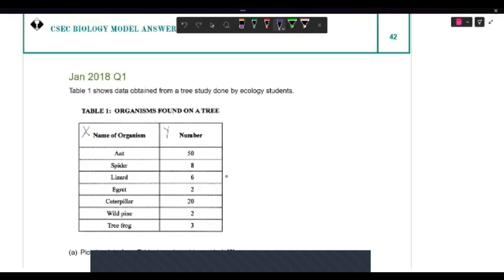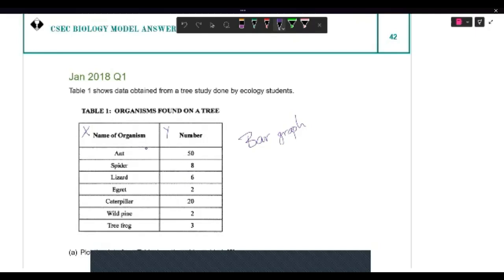Also, a graph that would come from a table like this would usually be a bar graph, because there are these distinct data points, and there isn't really a trend being shown here or change in anything with respect to some other variable going on here. So therefore, if we were to draw a graph, it would be a bar graph.